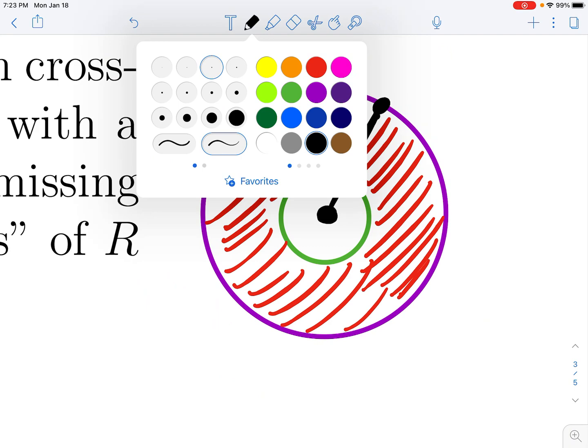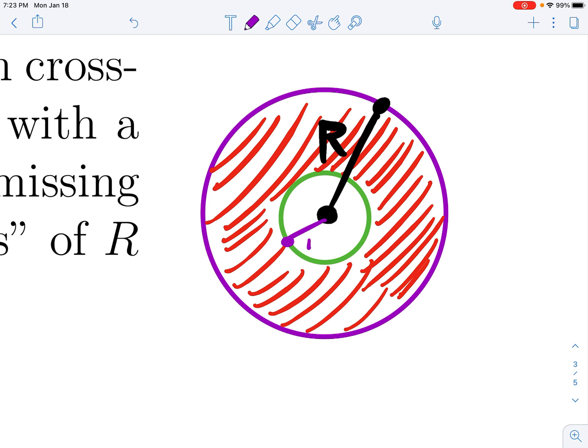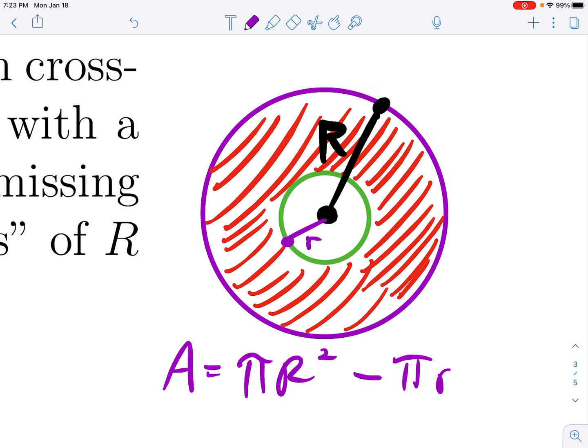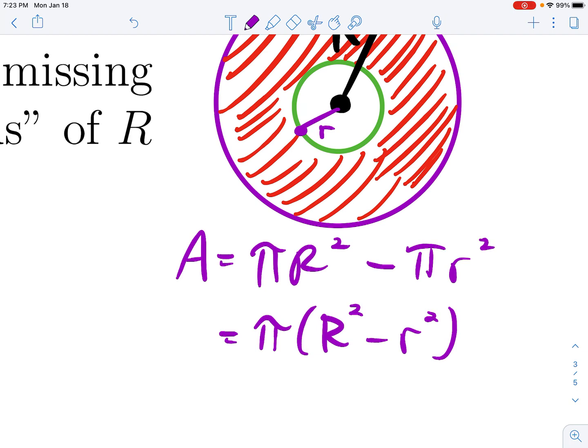And then there's this smaller radius from the center to the inner circle. And the area of a washer would be the area of the big circle minus the area of the small circle. If you want to factor out that pi, you're welcome to. So it's big radius squared minus small radius squared.